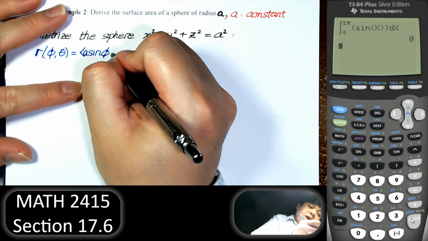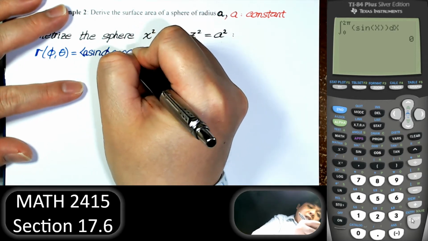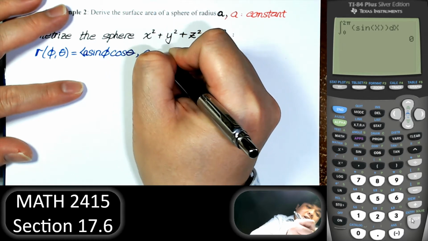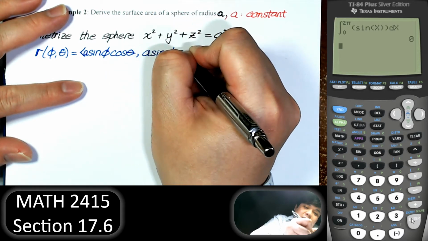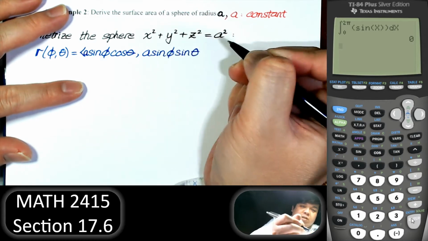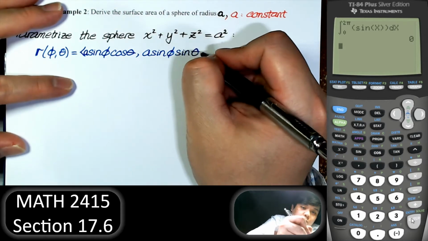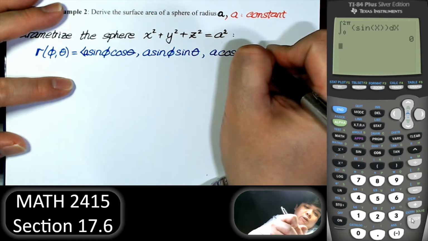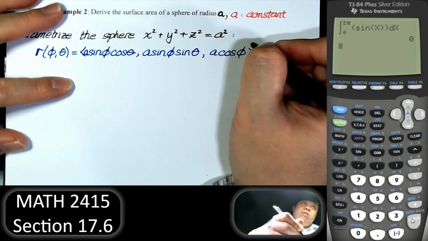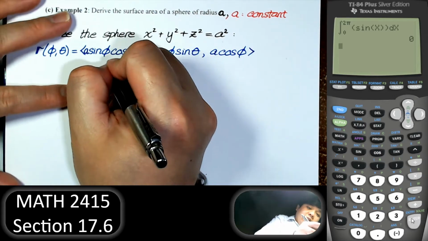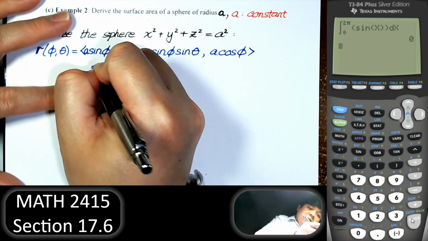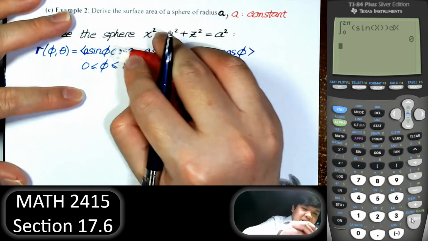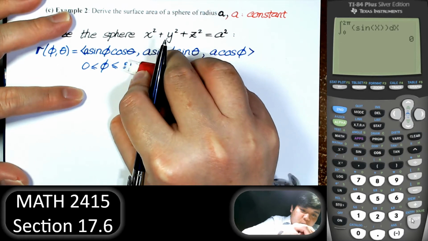So a sine phi cosine theta for x, a sine phi sine theta for y, and a cosine phi for z. And for the standard sphere, phi goes from 0 to pi, from the north pole to the south pole.